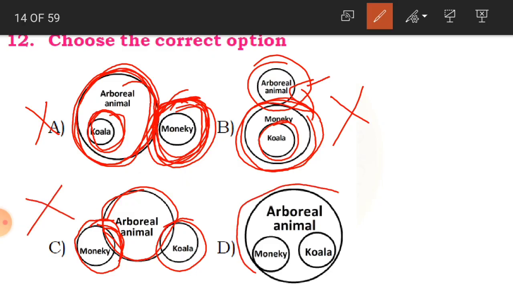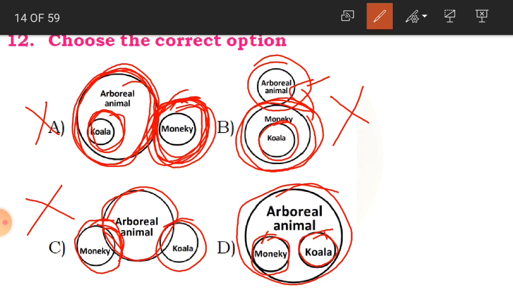And here, if you see, children, our big circle is named arboreal animal, and in that we can see two circles, named monkey and koala, and this means that in the arboreal animal group, monkey and koala both can be named.